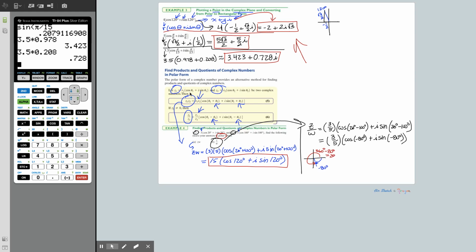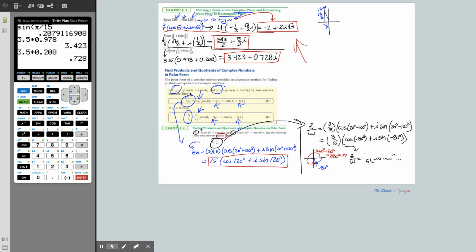And so I would ask that you use the positive version to get your final result. So that means Z over W is 3/5 out front, cosine of 280, because that's the same as negative 80, they are coterminal, plus i times the sine of that particular angle.